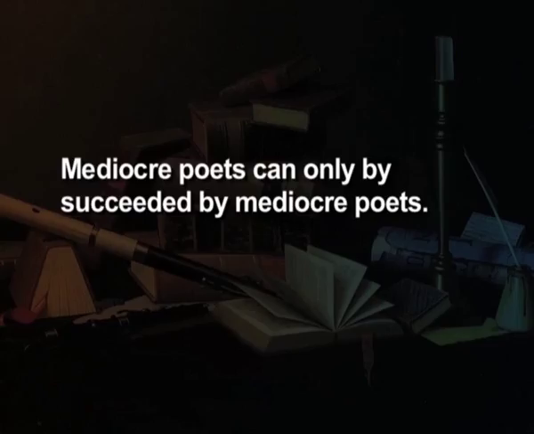Dryden not only paints Shadwell as a very mediocre poet, but Mac Flecknoe himself. This is something we might miss. What Dryden tells us is mediocre poets can only be succeeded by mediocre poets.